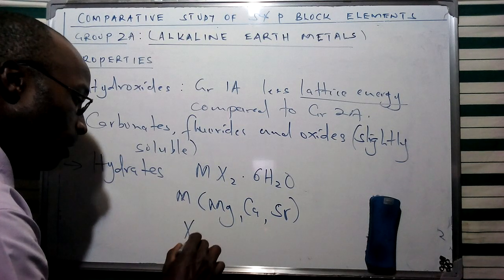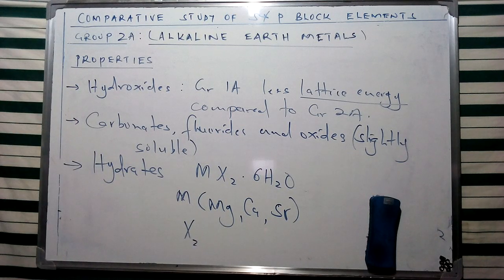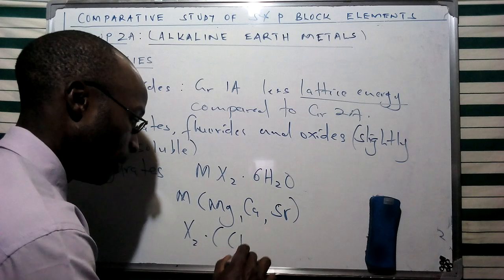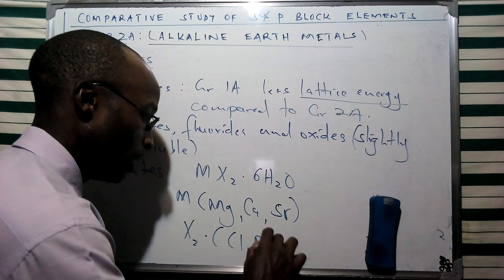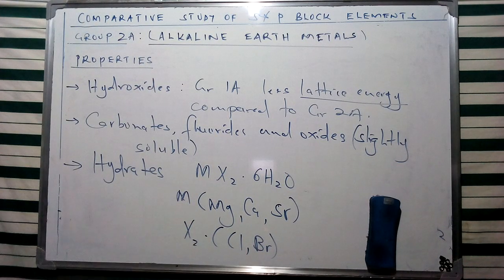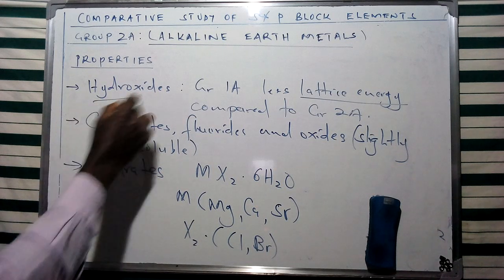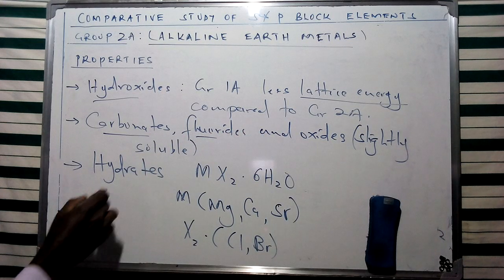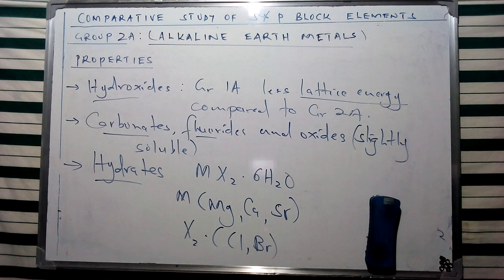This specific representation is for halides, and in this case we can give an example of chlorine and bromine, which are going to be forming this part of the hydrates that I've given on the board. So these are some of the properties which we are going to witness for hydroxides, carbonates, fluorides, oxides, and hydrates, which are displayed by group 2 elements.